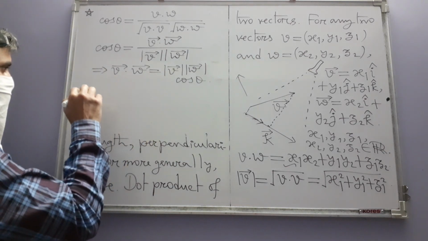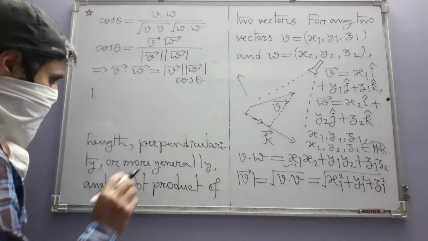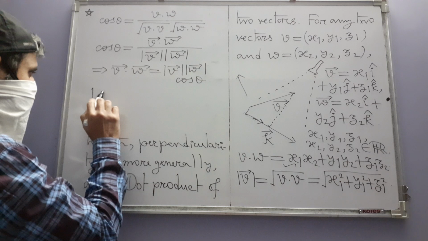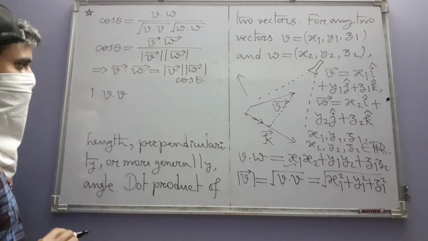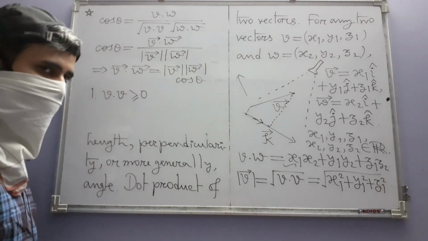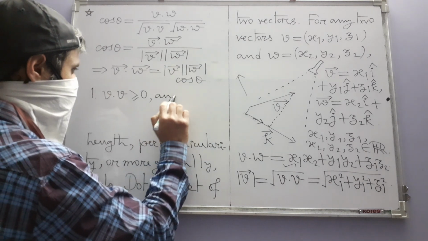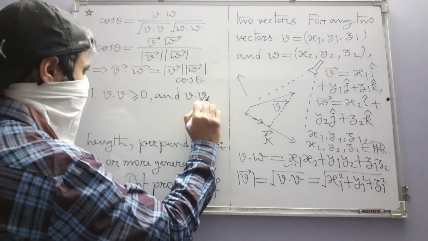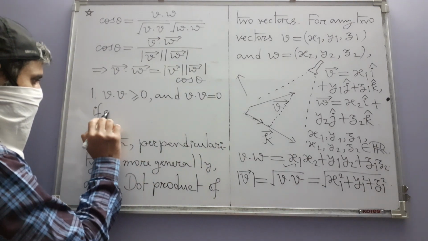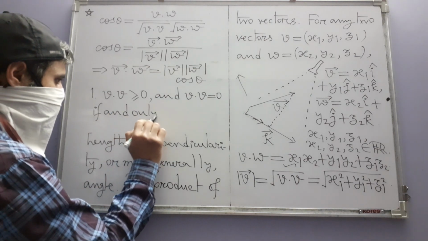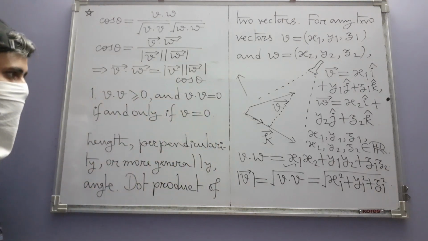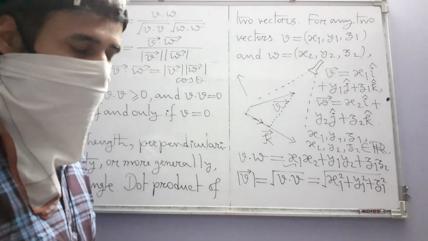These properties are well known and very natural. The first one of them is this. If we have such vectors, then the dot product of V with itself is a non-negative real number, and the dot product becomes the zero scalar, that is the real number 0, if and only if V is the zero vector.